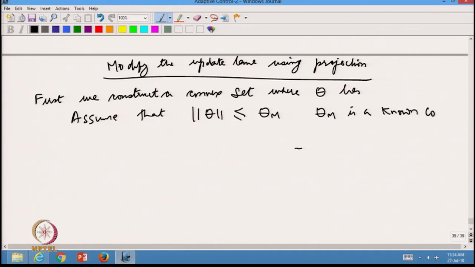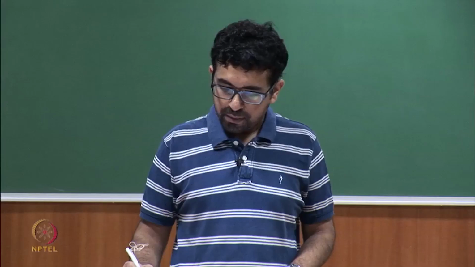So that's very important, that this is a restrictive assumption in some ways, because we are saying that we know the upper bound on the adaptive parameters, which may not be available in many cases. Okay. So how does this modification affect the stability analysis? That is what we want to see.